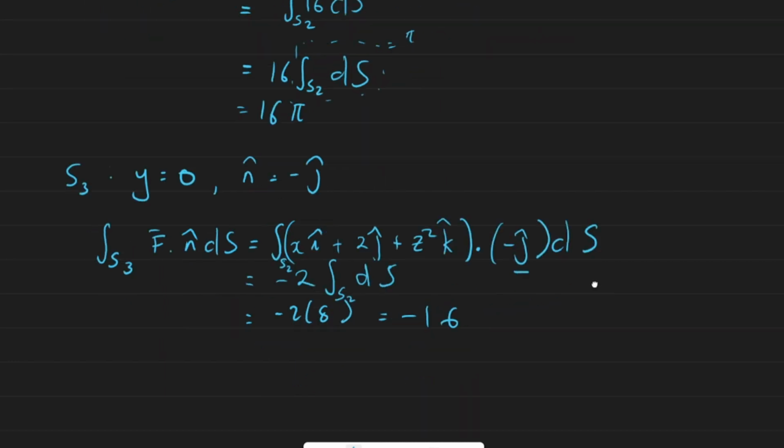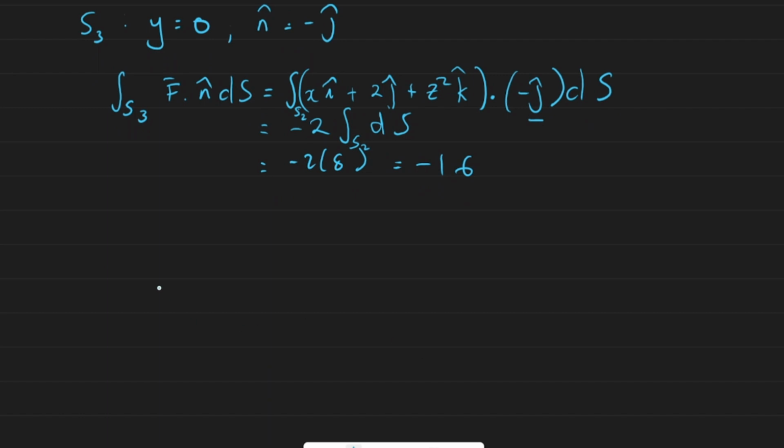We just have 2 sides left, so that would be side 4. And this is where x was equal to 0, so that's another rectangle. And the normal vector was equal to minus i. So if n is equal to minus i and x is equal to 0, there is no x component. So what we're left with are the j and k components.